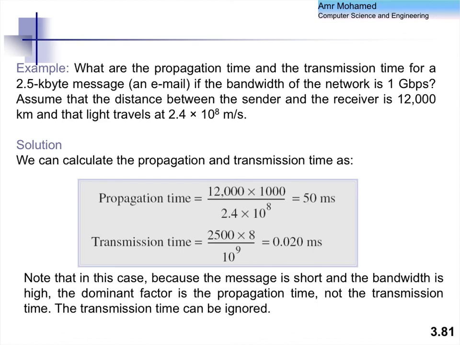So we can calculate the total delay, which is composed of the transmission delay and the propagation delay. Calculate the propagation time and transmission time for a 2.5 kilobyte message. So the 2.5 is the size of the packet itself.